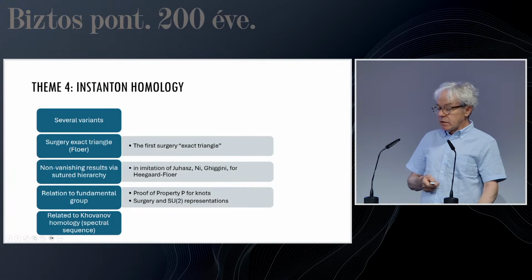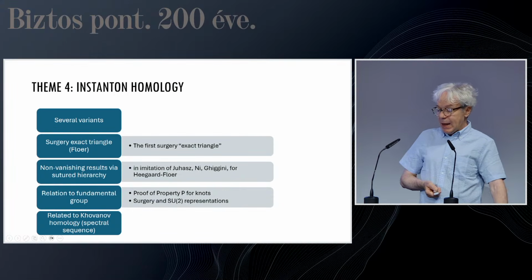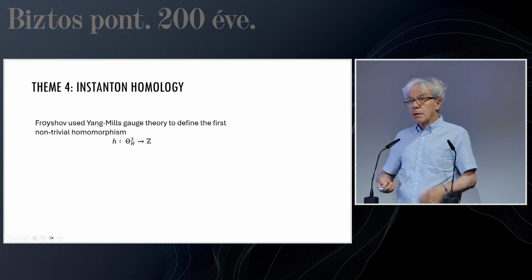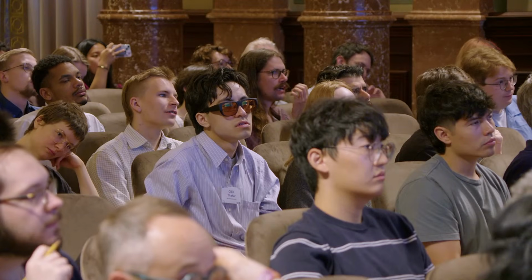The relation to the fundamental group led to a proof of property P for knots, and applications to SU(2) representations, more recently on surgery on 3-manifolds. The relation to Khovanov homology led to a proof that Khovanov homology detects the unknot.